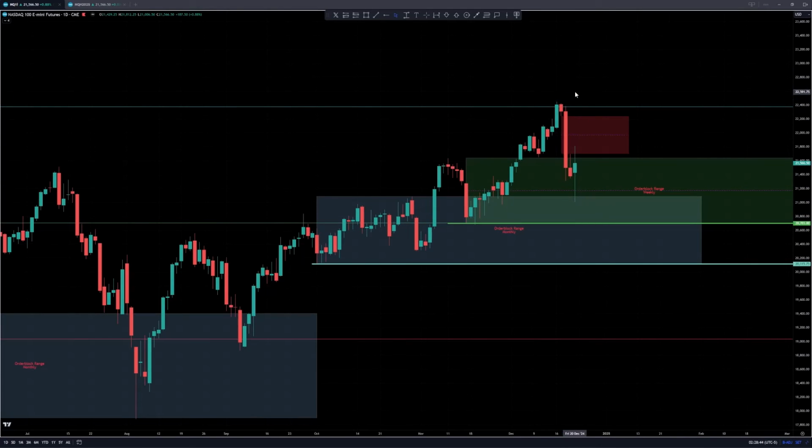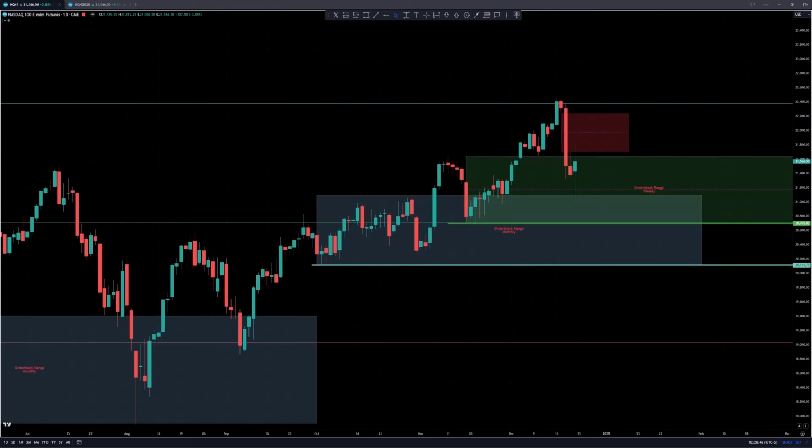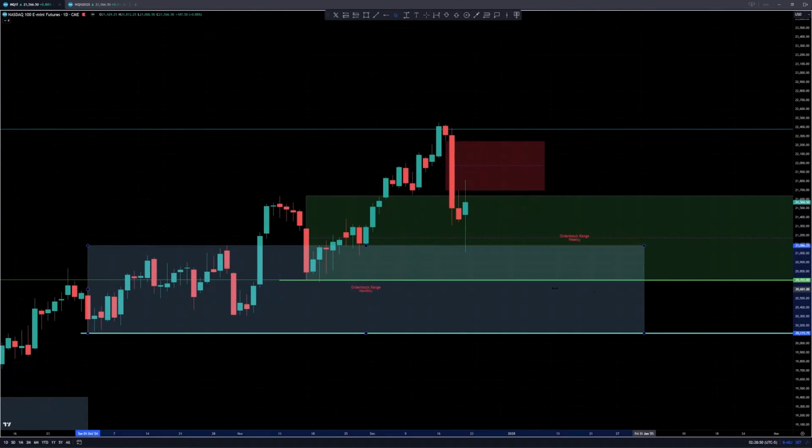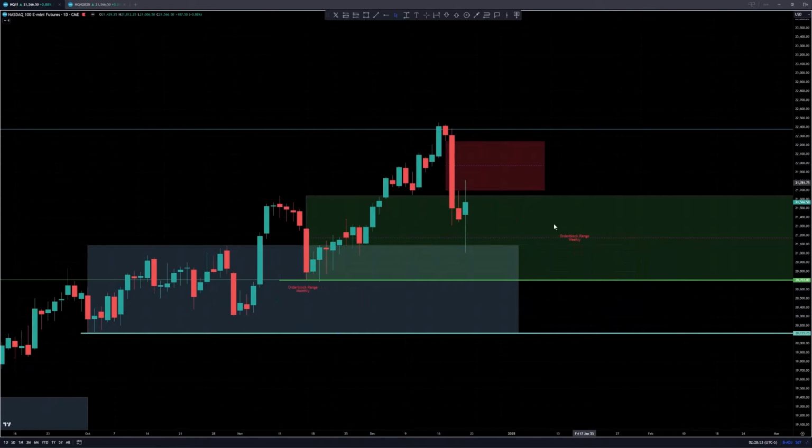If the price in the Nasdaq is not able to recover swiftly above the low of this red down closing candle, then very likely this bearish inefficiency will act as a blocker for further price increases.